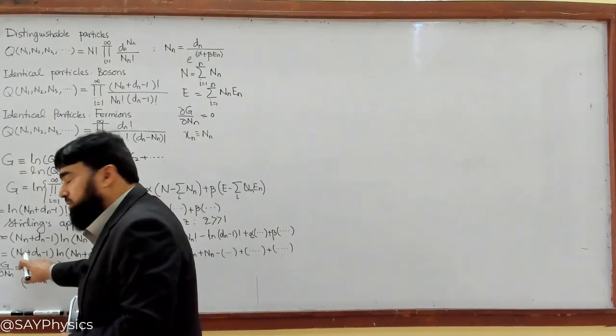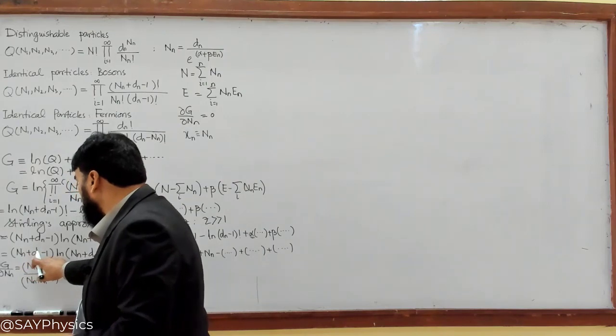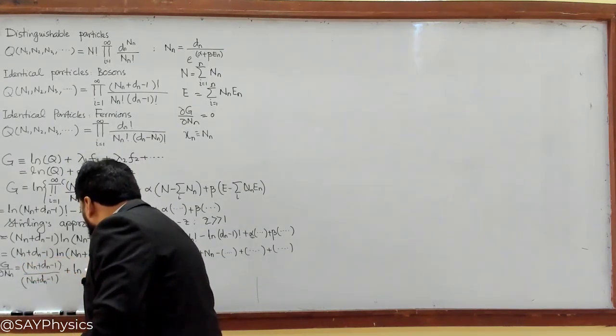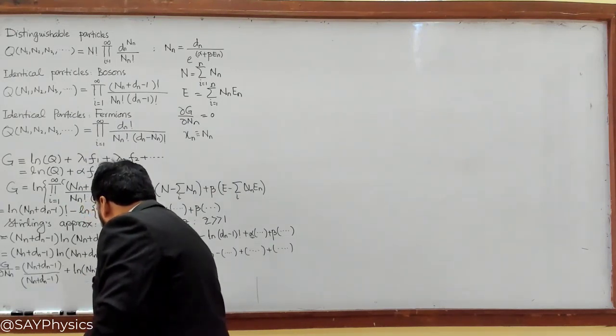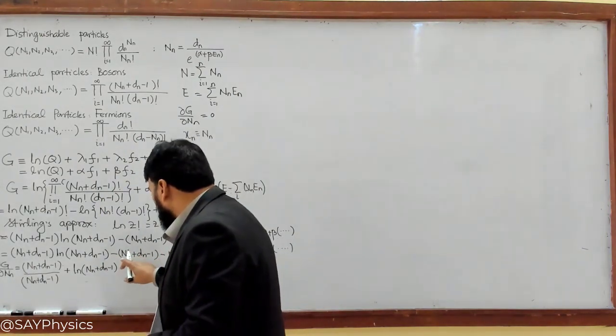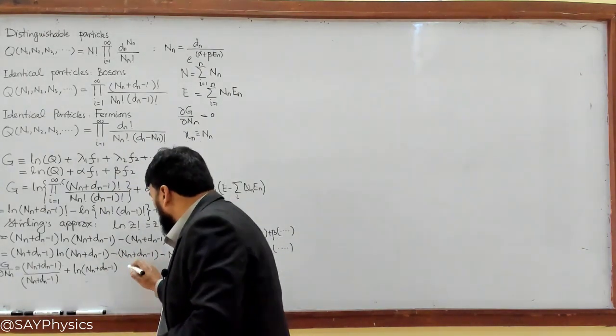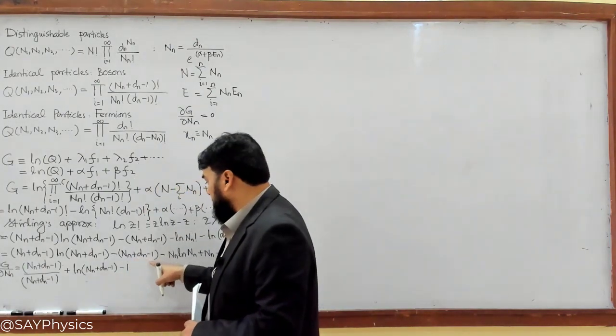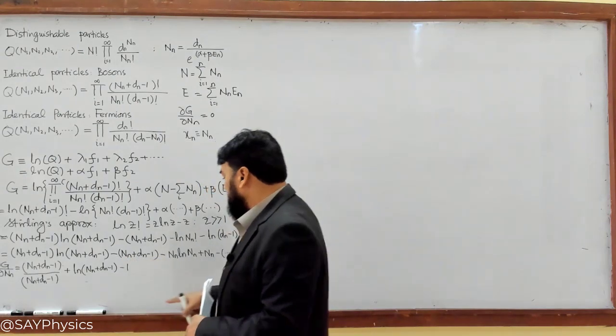What's the derivative of this one? Here you will get 1, 0, 0 here. So it will become 1, so you can write log of (nn + dn − 1) here. And when you come here, then the derivative of this one with respect to this will become minus 1, because dn is 0, 1 is 0, nn becomes 1.